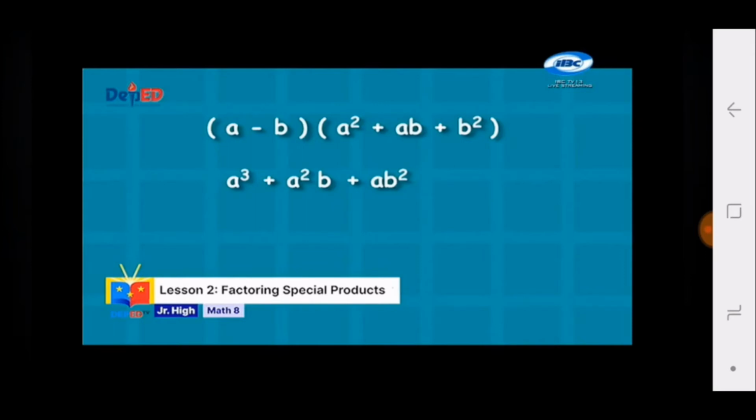Do not forget the signs in multiplying. We will have negative b times a squared is negative a squared b. Then, negative b times ab is negative ab squared. And negative b times positive b squared is negative b cubed.